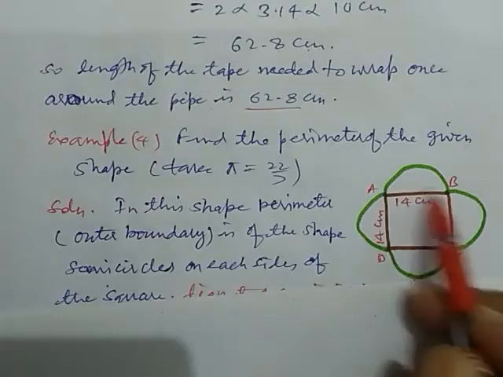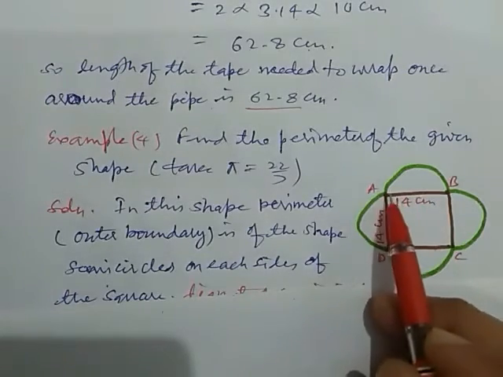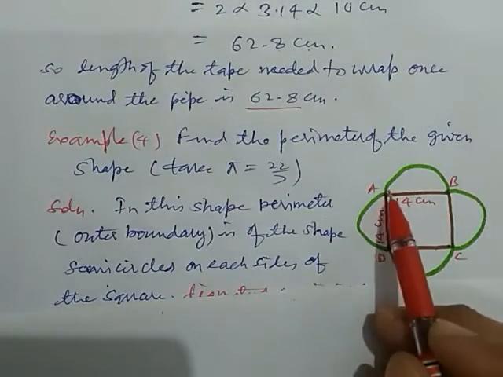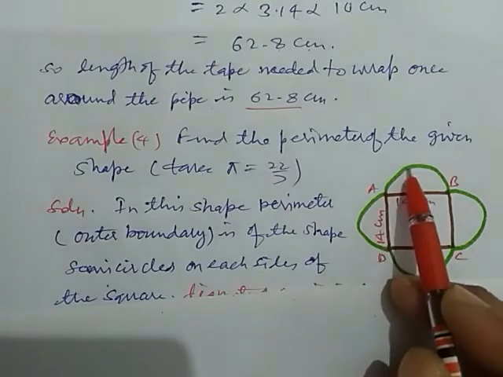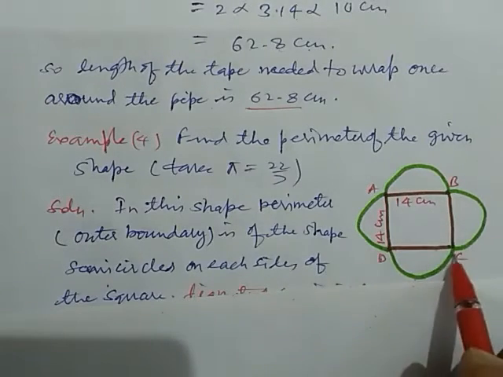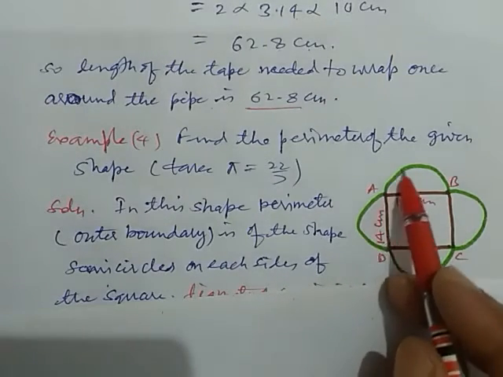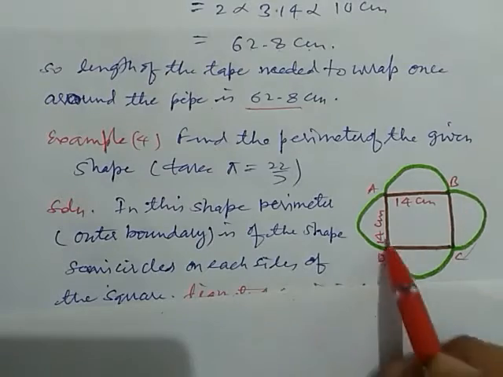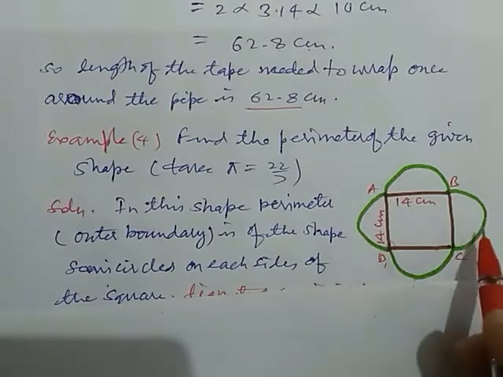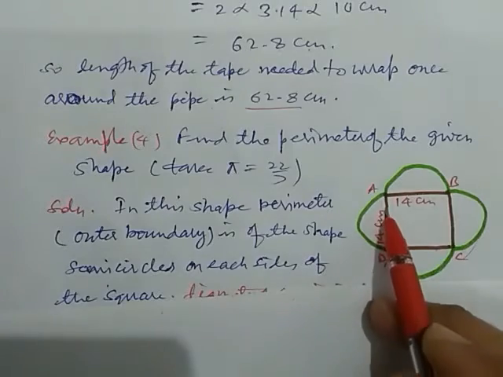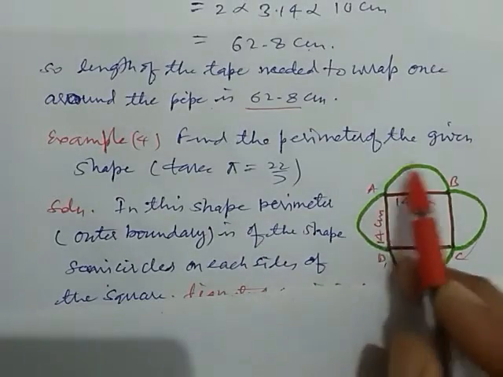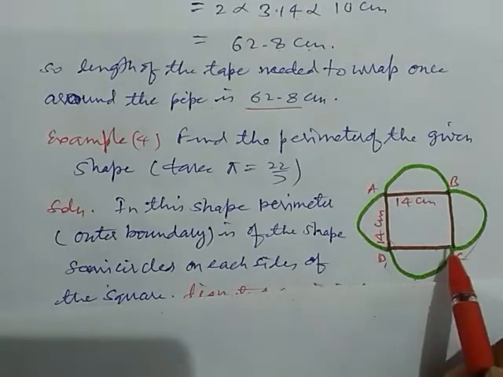Not the square, because the perimeter is always the sum of boundaries and this shape has semicircular boundaries. So we take only these four semicircular shapes, which form the perimeter of this shape.